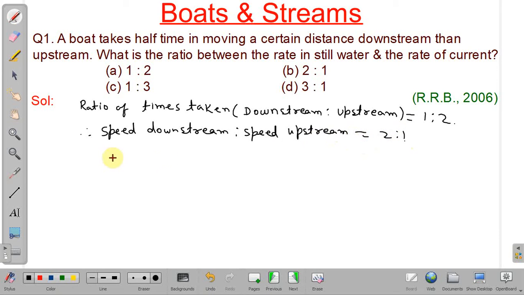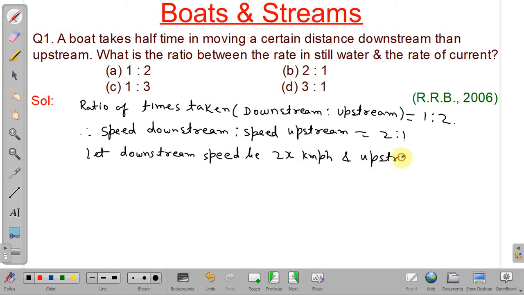Okay. Now we will assume the speed based on this ratio. Let downstream speed be 2x kilometer per hour, so kmph, and upstream speed will be half of 2x.